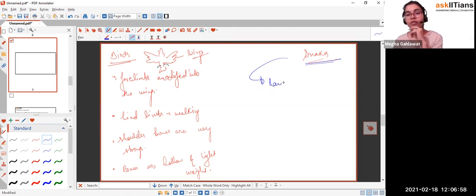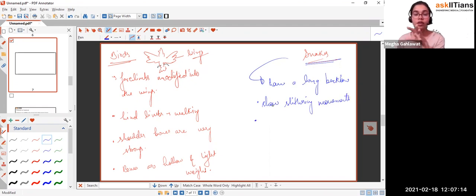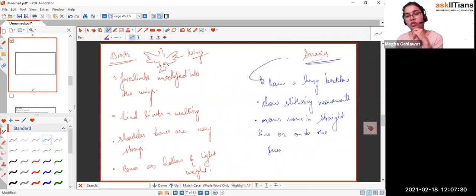So they have a long backbone, show slithering movements, and they never move in a straight line or on smooth surfaces. Right? I hope you guys understand that.